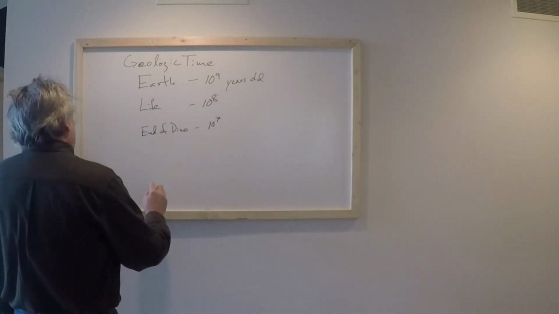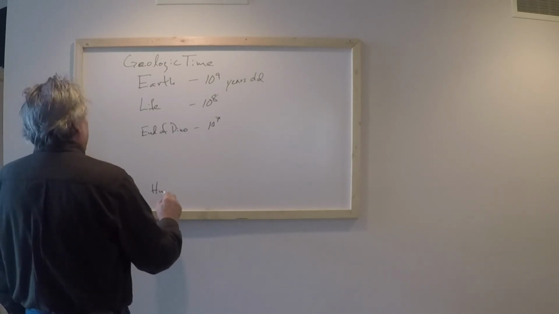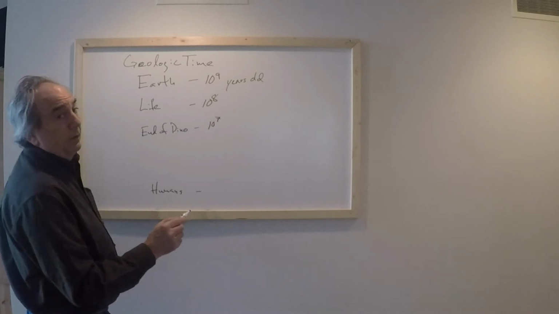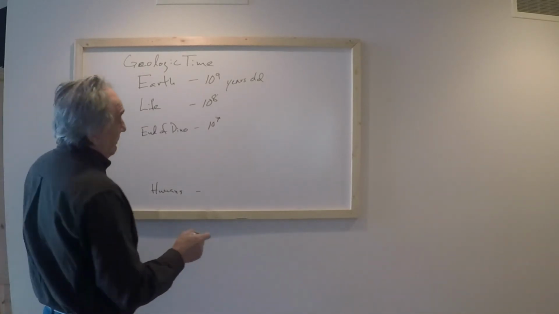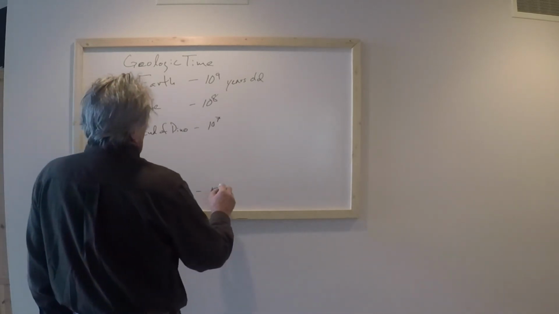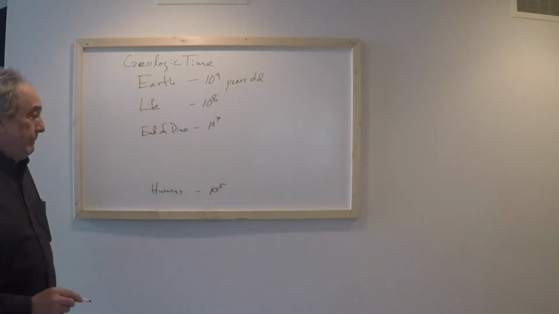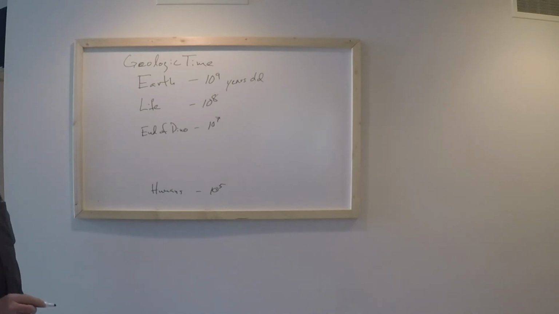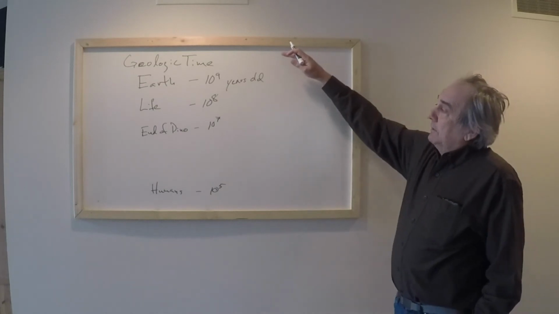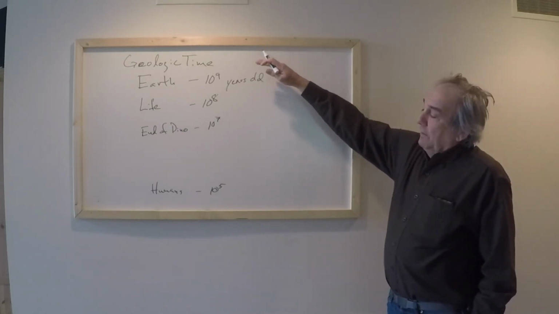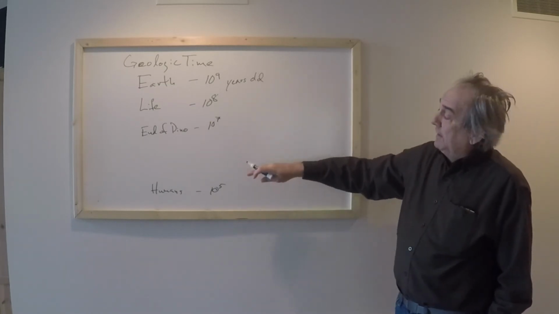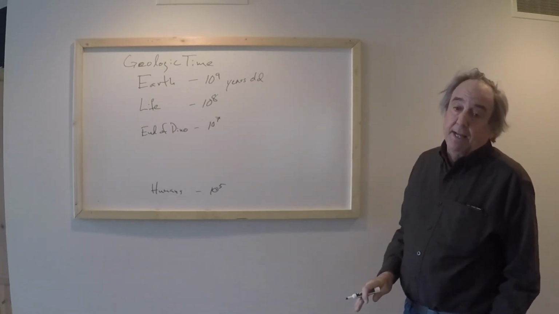Humans, way down here, we're going to skip some things. Humans, if we're generous, 10 to the 4, 5. And so, exponentials, very, very long times, and different lengths of time. So that's temporal scale.